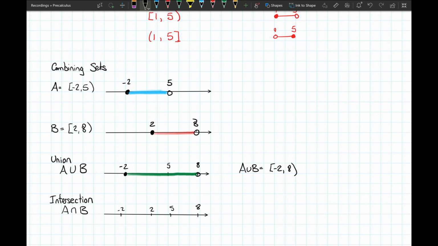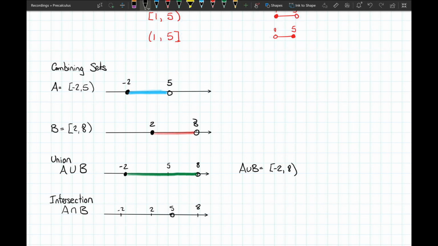Now, if you think about numbers that are shaded in blue and red, you can see that every number that's between 2 and 5 would be included. So we know that's going to be shaded in, no problem. But what about the endpoints? 5 is not a number that is actually shaded in blue. It's not included in the set A. So since it's not blue, it's definitely not in the blue and red zone, so it can't be included, and that would have a round circle.